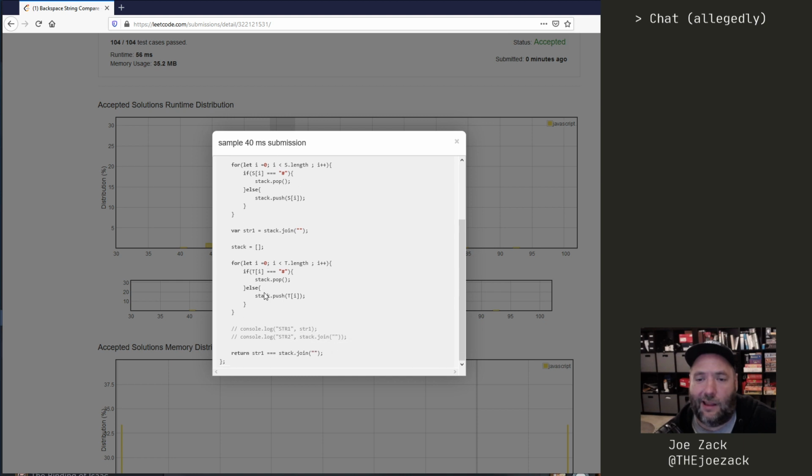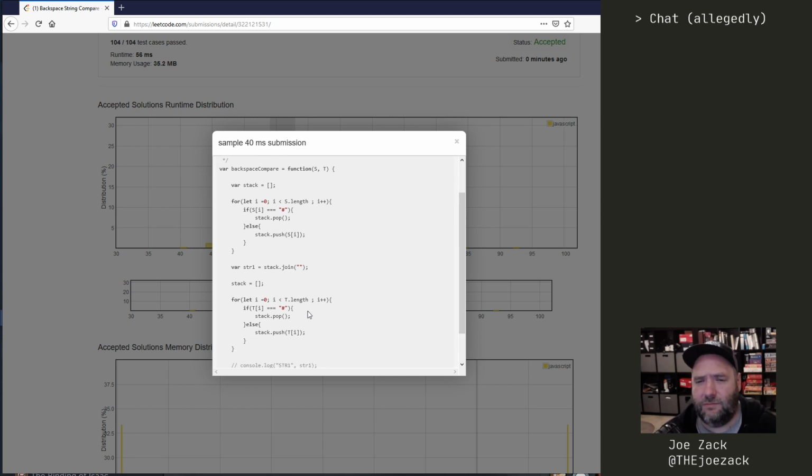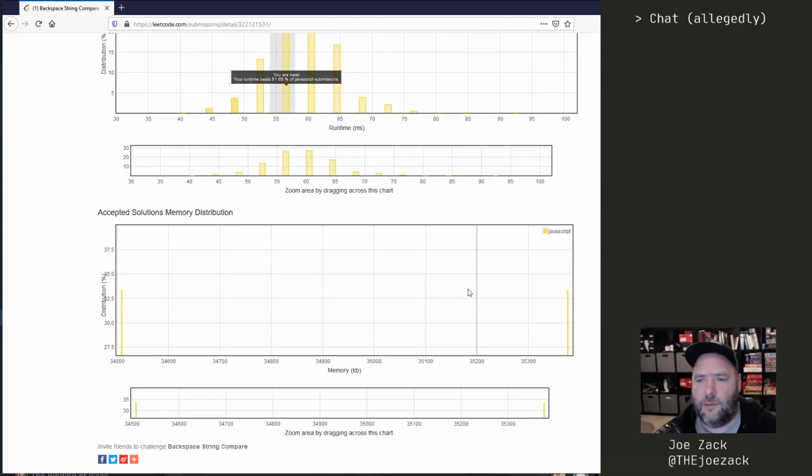They just inlined it, but it's essentially the same thing. Huh. So maybe the overhead of having that function was enough to do it. But interesting to see that all the faster solutions involved a stack and the same approach, and they just didn't care about memory. Now, if we look at the memory usage, looks like I ended up here.